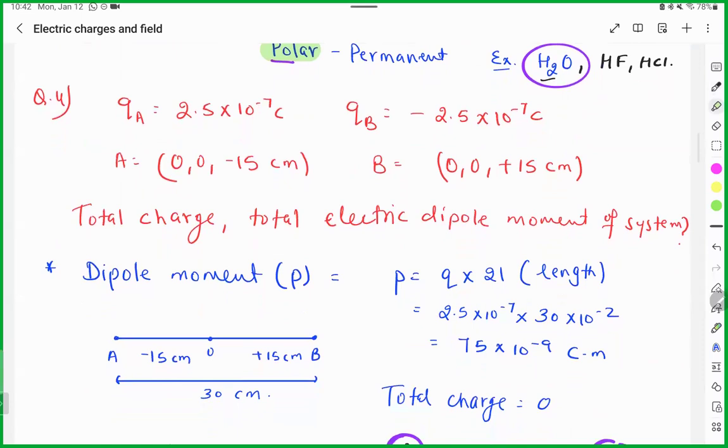Here, you have one charge, and another charge. A is present at some coordinate, B is present on another coordinate. You have to calculate the total charge and total dipole moment of the system. Total charge will be zero because here you have positive, here you have negative, net is zero.